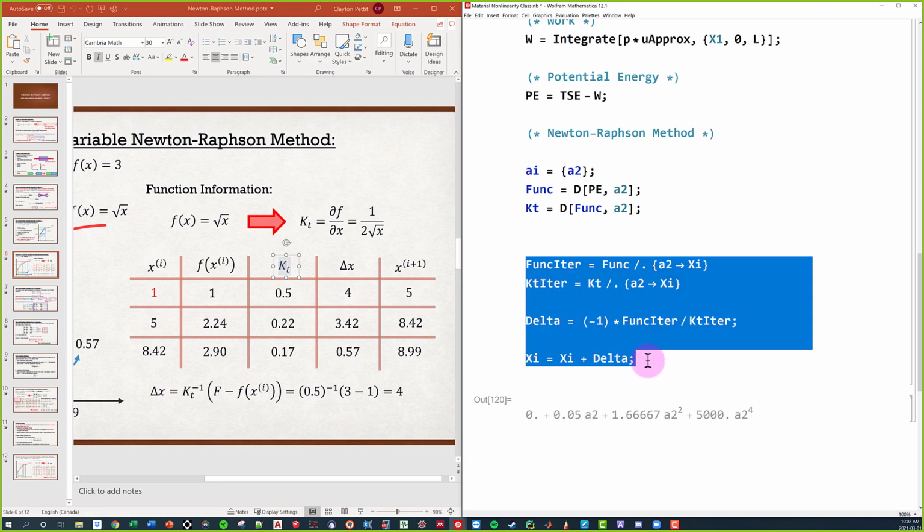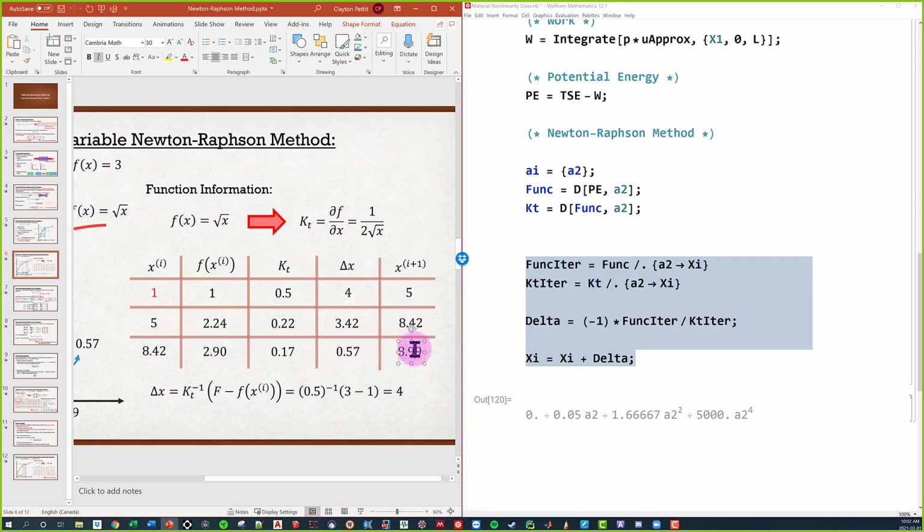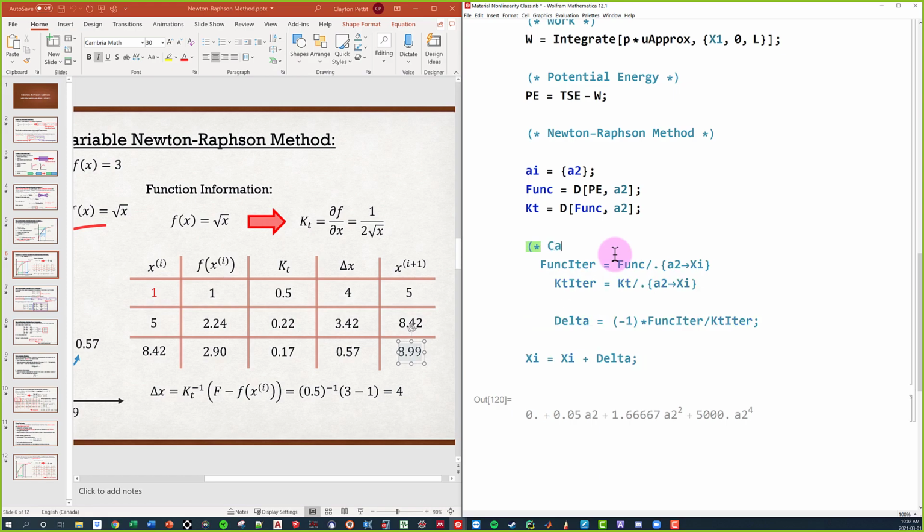Now, this right here is good, but we also need to back out once I'm close enough. So I'm just going to comment the code really quick so you guys know exactly what's going on. We're going to say calculate function and kt at current iteration.